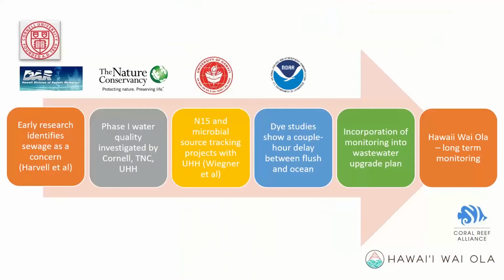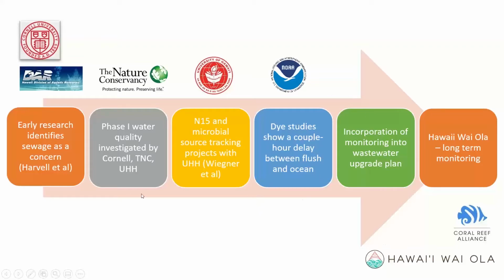So in a timeline then, if this early research is showing a decline and saying, hey, we think this disease and everything is an issue, from there you can do some of that phase 1 water quality work, and that was a consortium of Cornell, TNC, UH Hilo, and then follow on more advanced studies like nitrogen-15 isotope testing, microbial source tracking projects that become more advanced, and then a physical dye study, which I'll talk about in just a second.